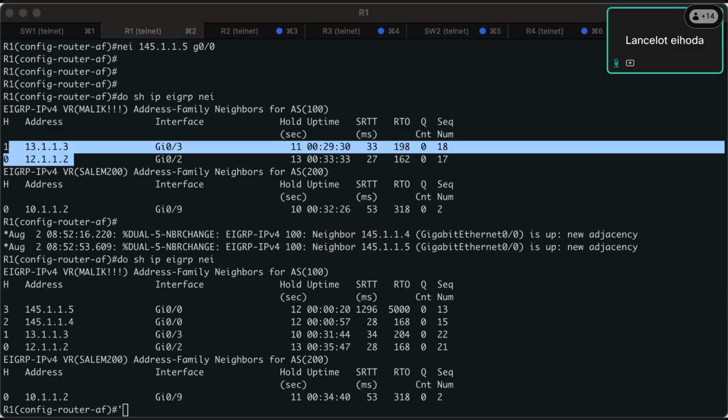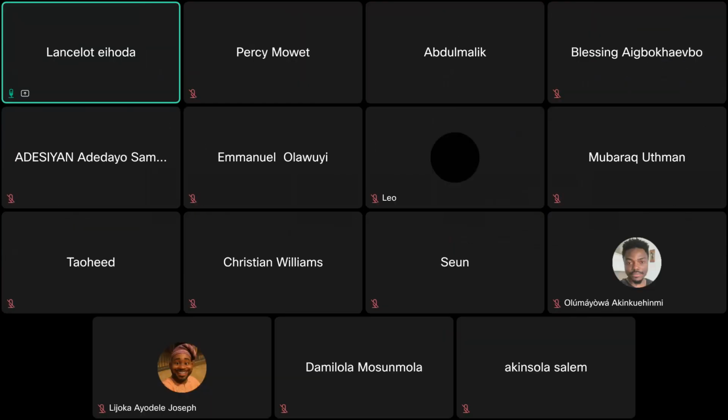Sorry, I did not place this topology here. So let me stop sharing, and then reshare again, so that everybody can have a view of what the topology looks like.